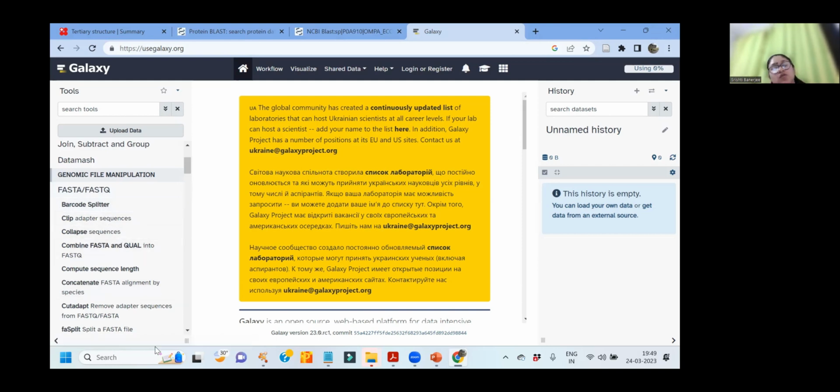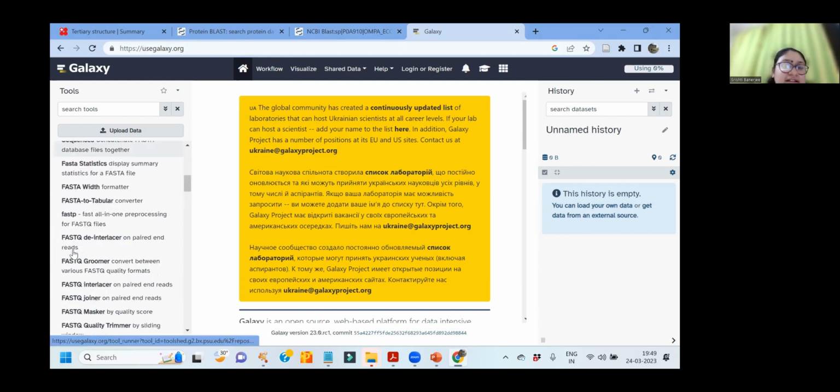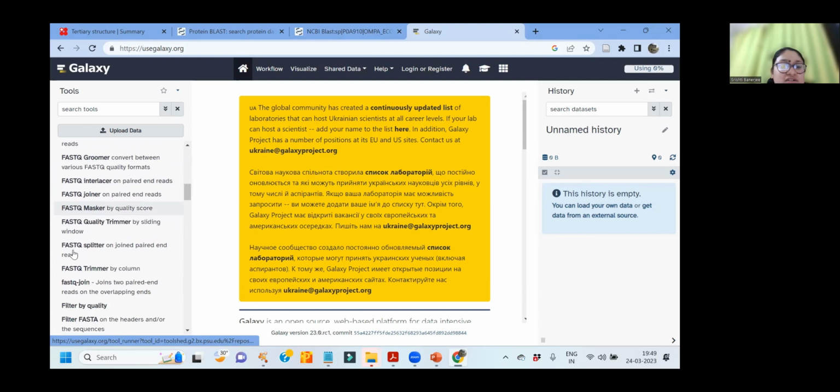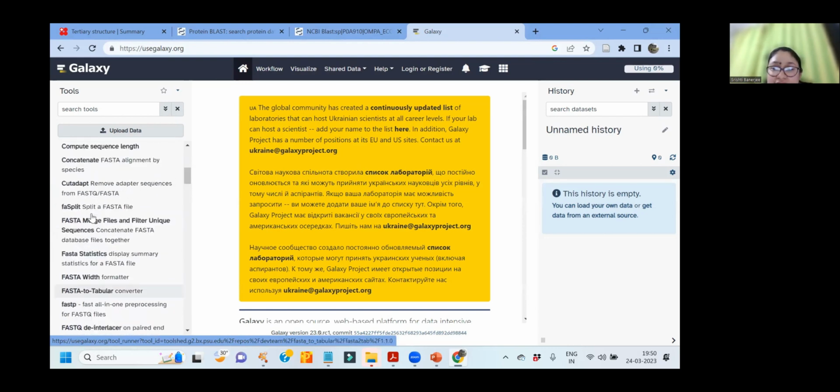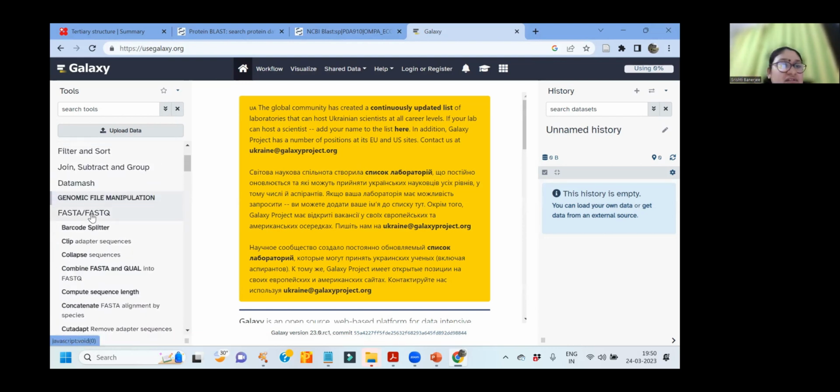These are to edit your own data, but obviously without manipulating your data. Galaxy is such a tool where you can edit your own data, and it's used by bioinformaticians. There are different tools. You see FASTQ splitter, trimmer, joiner, interlacer, de-interlacer. These are different functions that we need.